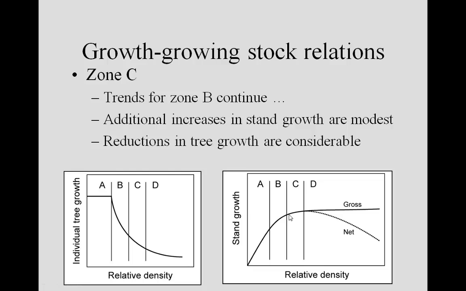In contrast, the reductions in individual tree growth with increasing relative density are considerable. So to increase relative density from here to here represents a substantial decrease in individual tree growth and not much gain in stand growth.